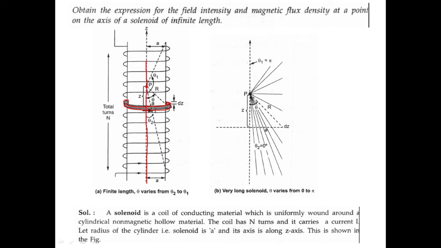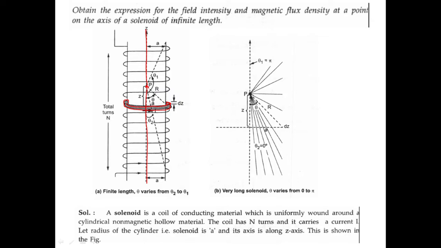So on that line, at point P, we are calculating the magnetic field intensity.